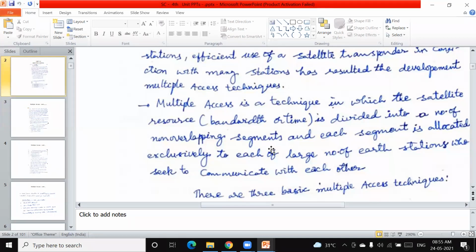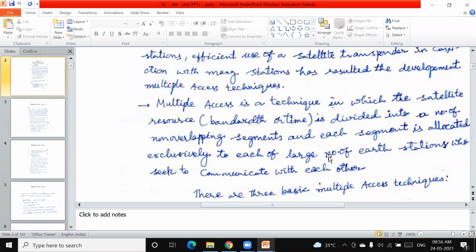The total bandwidth is divided into a number of non-overlapping segments, and each segment is allocated exclusively to each of a large number of earth stations. Each segment is related to a group of earth stations.